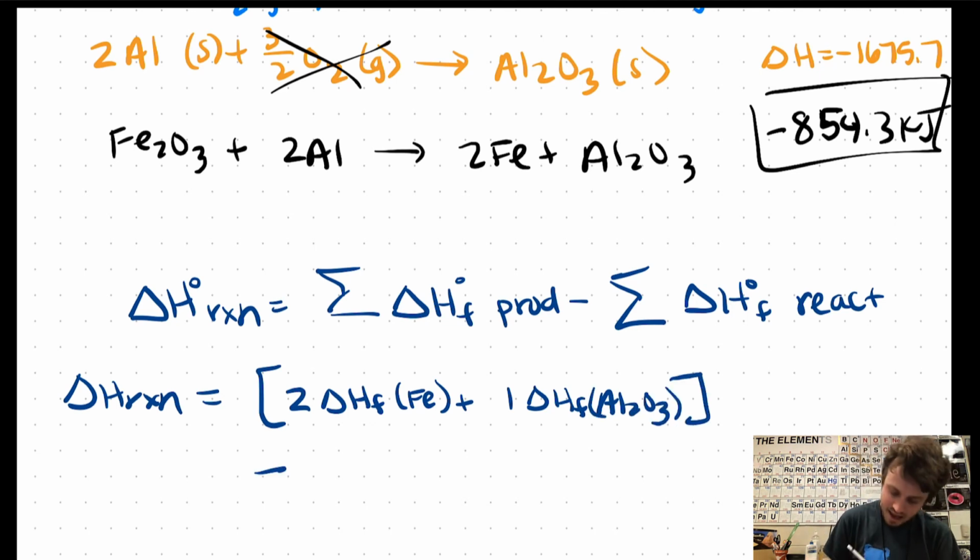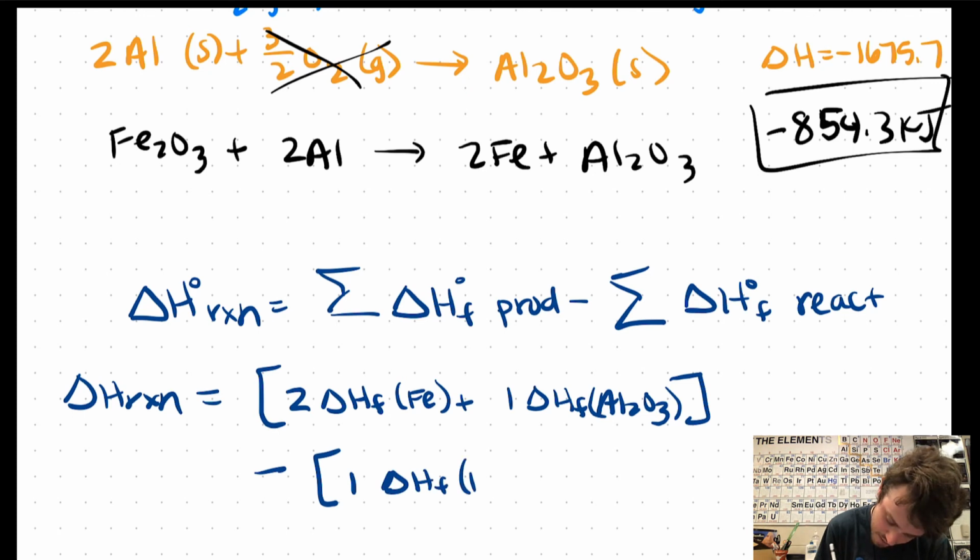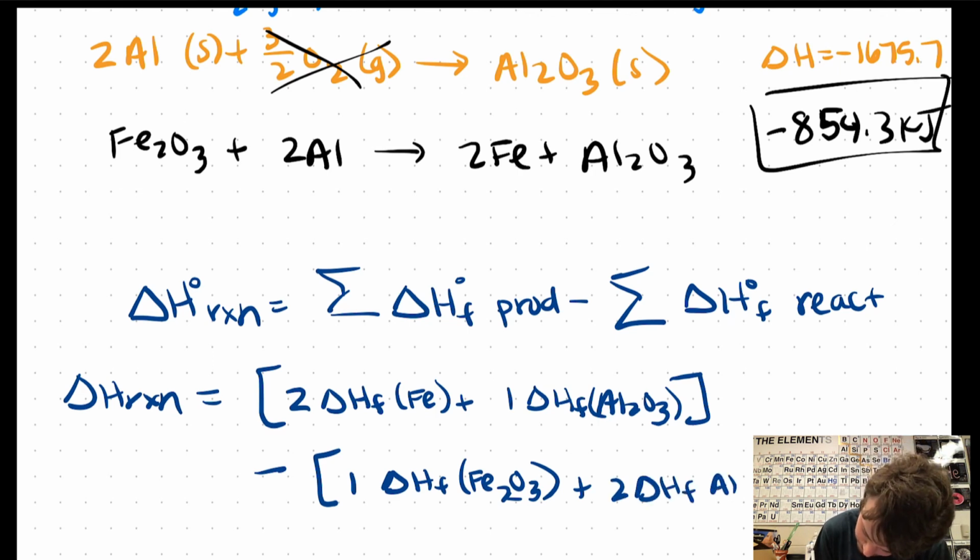From that, I am going to subtract my reactants, which is 1 mole of delta H of formation of Fe2O3 plus 2 moles times the delta H of formation of Al.